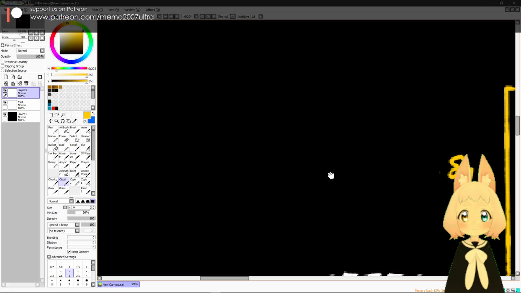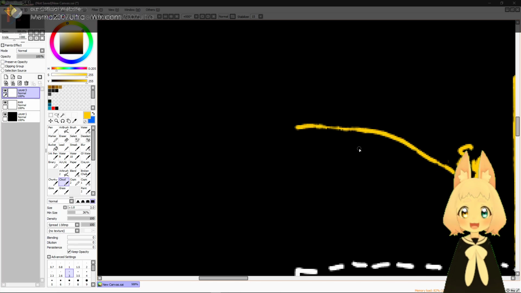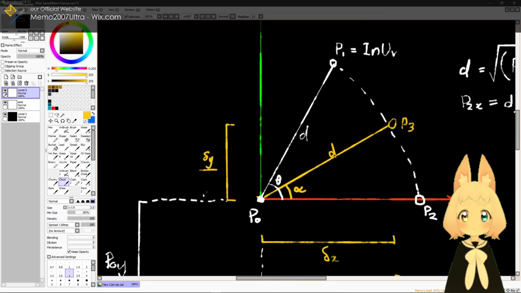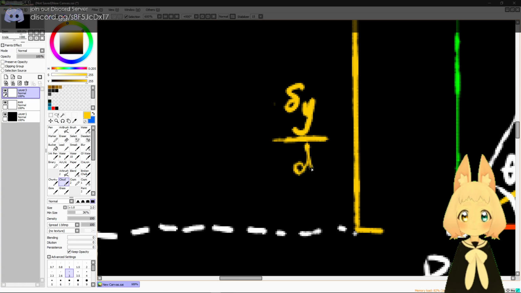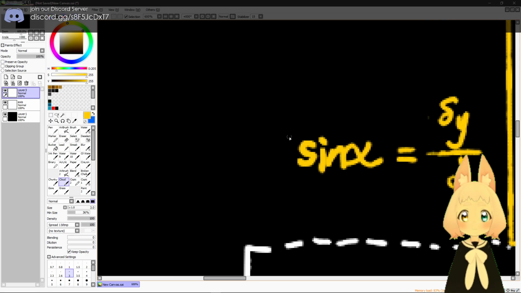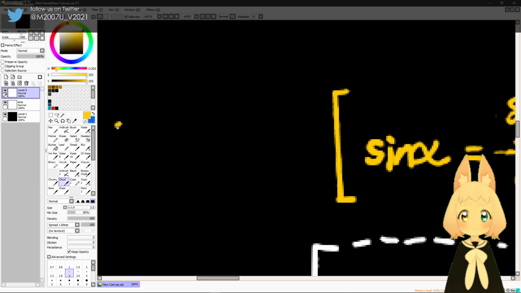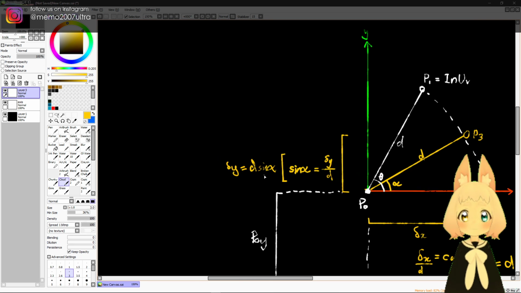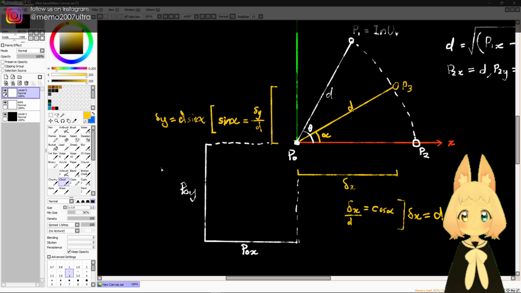Now for dy, it's actually opposite divided by hypotenuse. So dy divided by D is actually sine of alpha. And basically this means delta y is D sin alpha. So now we have this.